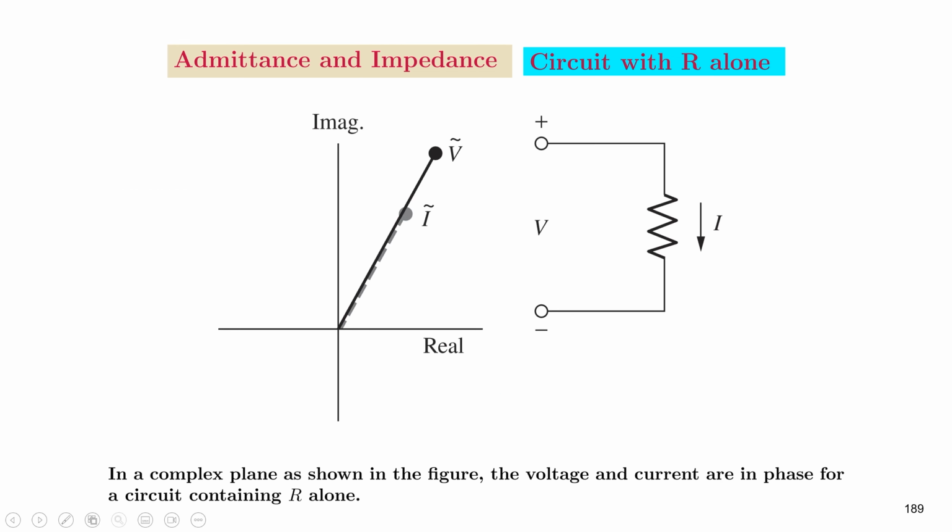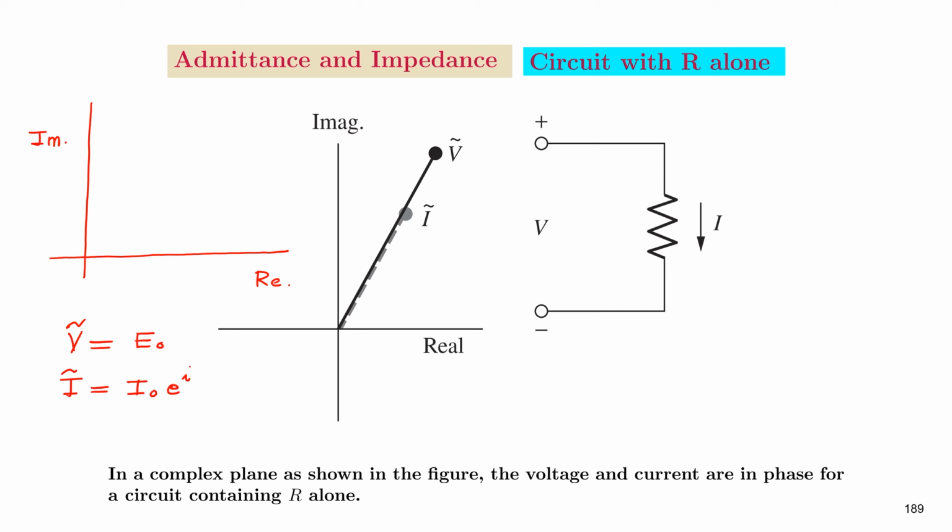Let us represent the voltage and current in the complex plane in the case of a circuit which contains only a resistor. The x-axis is the real part and the y-axis is the imaginary part. The complex voltage is simply equal to E0 and the complex current, which is given by I0 e raised to i phi, is equal to I0 multiplied by 1, that is equal to I0.